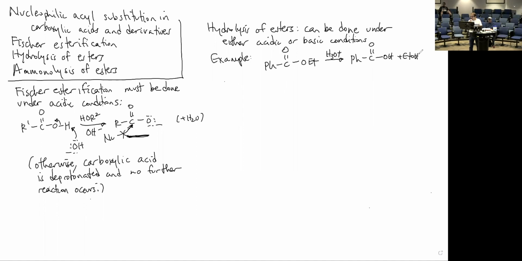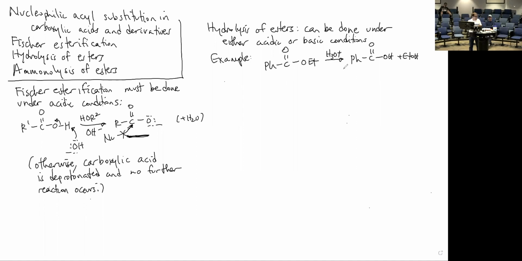So this also is going to be a nucleophilic acyl substitution reaction. Effectively, one of the OH groups on water is going to switch places with the alkoxy group in the ester. And it's essentially the reverse reaction of Fischer esterification. But the reason that this reaction is going to work as a Fischer esterification in reverse is because we've got a lot of water present.